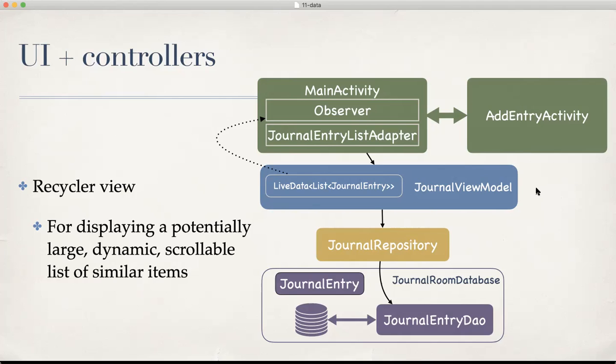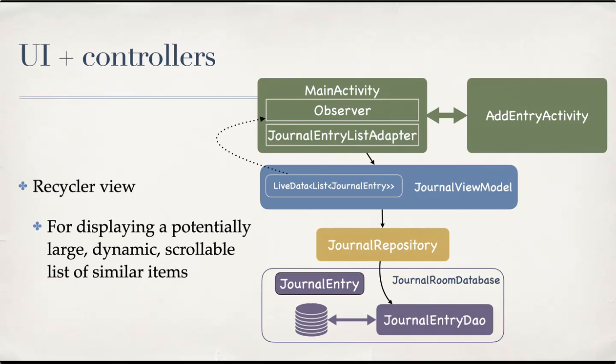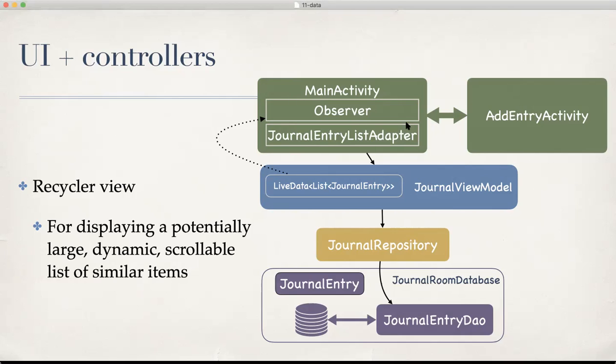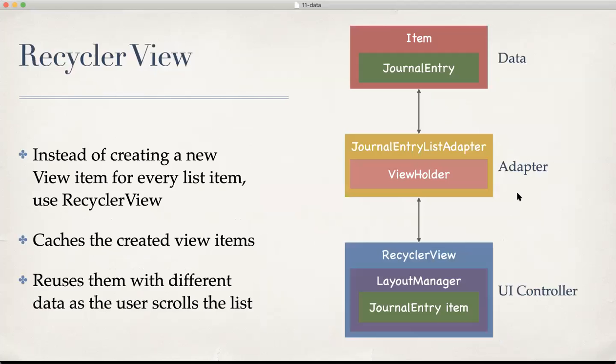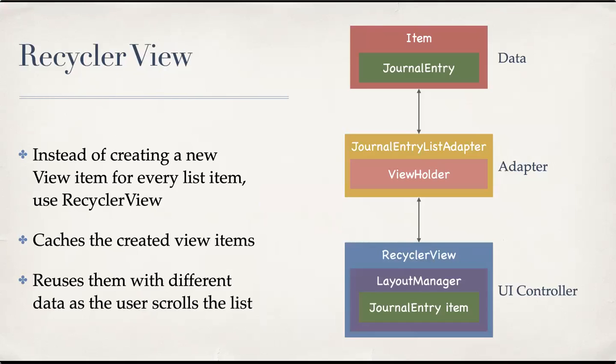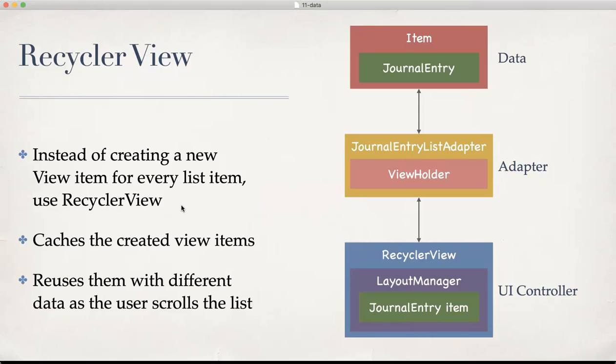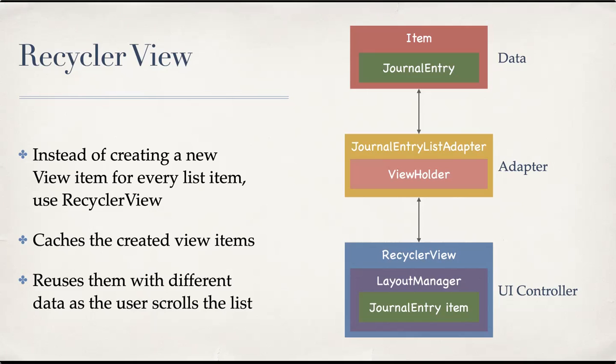Okay, so we'll take a detour here and talk about what a recycler view is or does, and then we'll come to implementing the actual code. So recycler view has several underlying layers, and the key idea is all the items that you would show on the recycler view are similar.